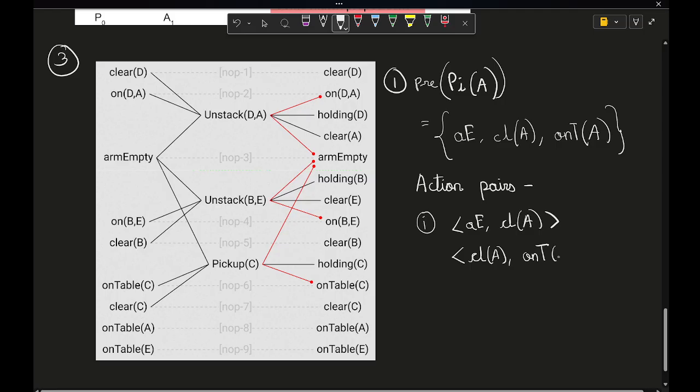The intuition behind that is that for any action to be applicable in layer 2, the preconditions for both of these actions should be present in layer 1 in a valid format. That's why even if there is a single pair of propositions that is not mutex, we are fine.